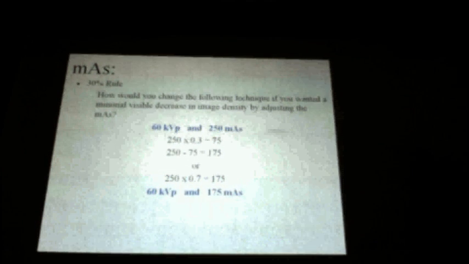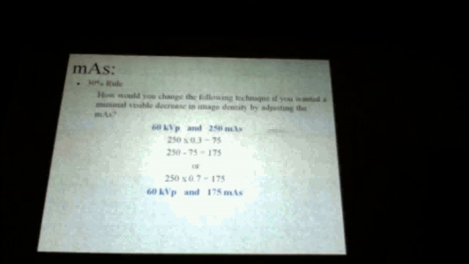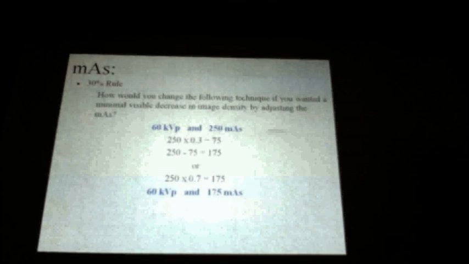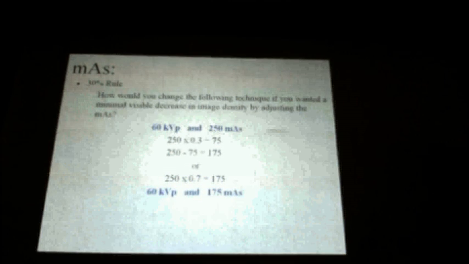What if I wanted to make my film twice as dark with mAs? What would I do to this one? Twice as dark with mAs. I would double the mAs, wouldn't I? If I want to make it twice as dark, I would go to 500 mAs.